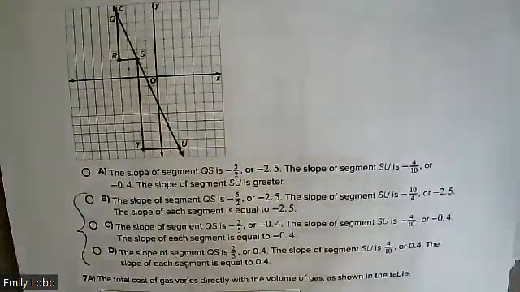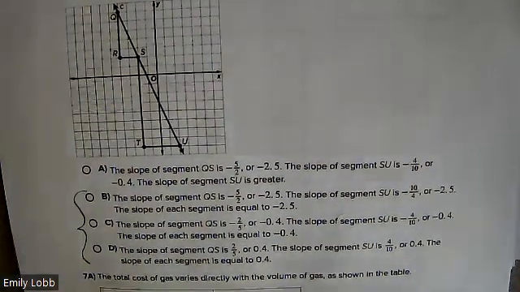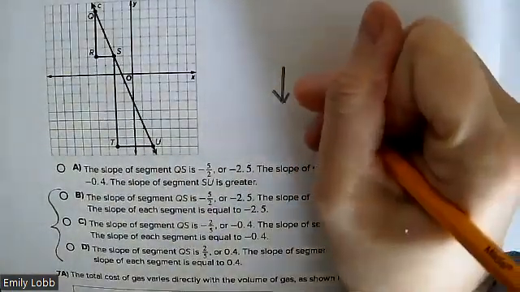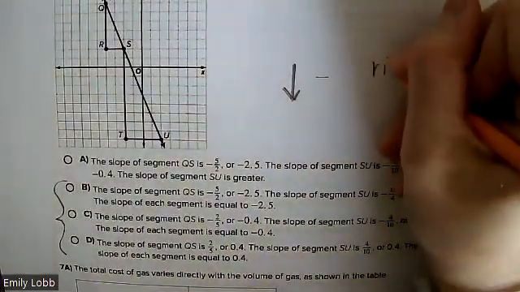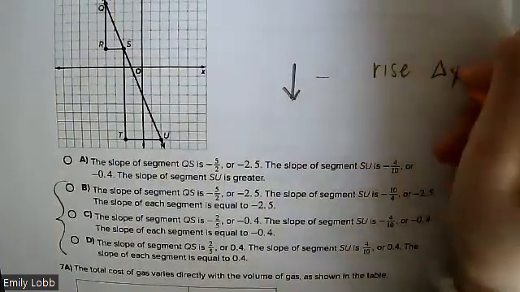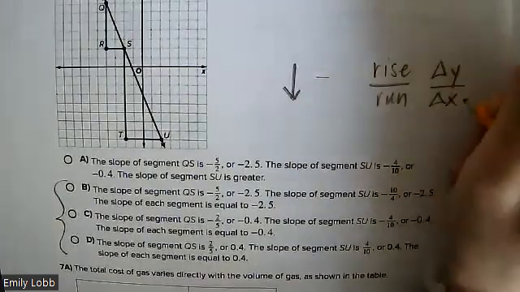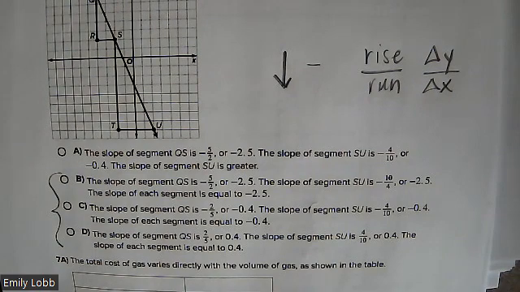So we've definitely eliminated one option for you. You need to remember that down is negative. You need to remember it is your rise, so your change in y over your run. So that should at least eliminate two more. You should be left with one.